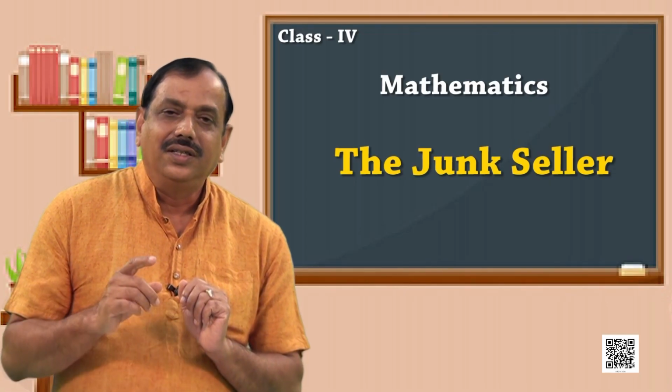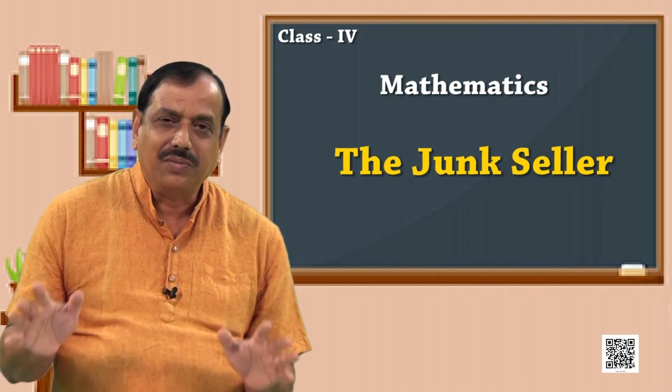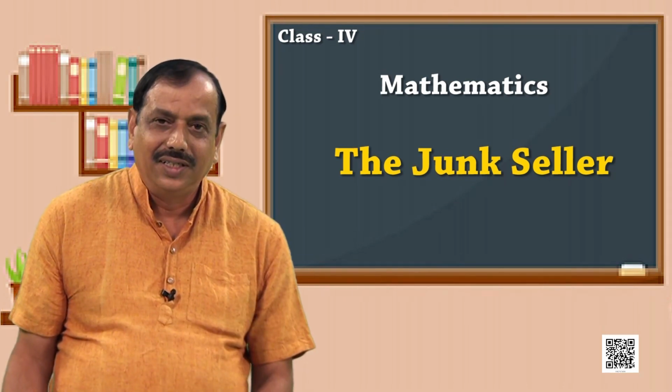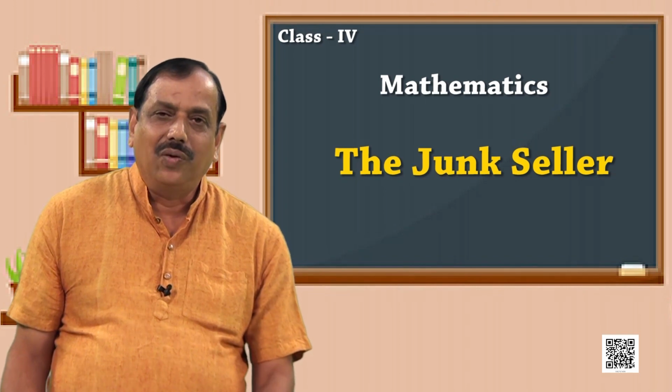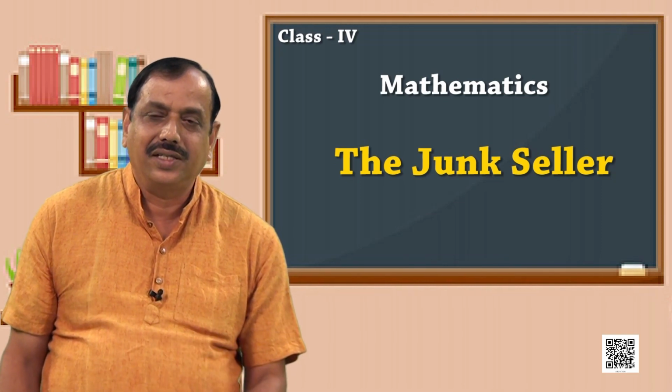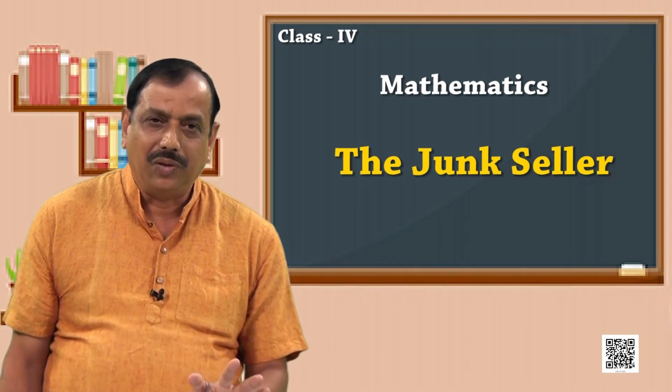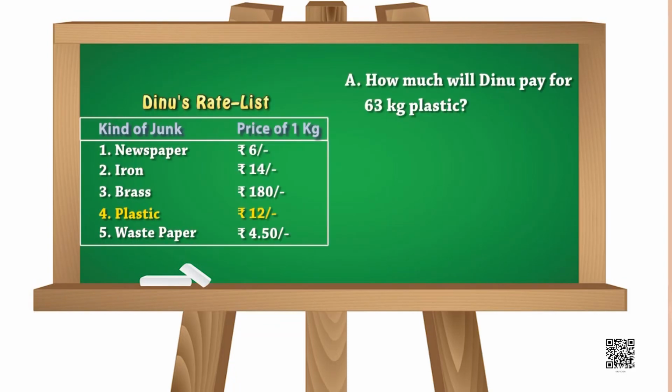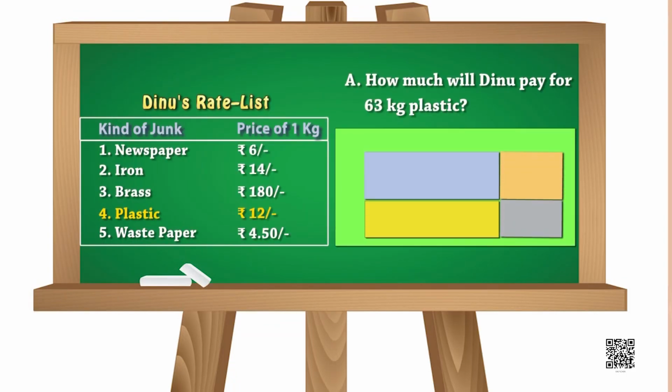How much is he going to pay for 63 kg of plastic? You have learned to compute this using the box method. Use the box method and compute the amount Dinu is going to pay for buying 63 kg of plastic at the rate of 12 rupees. In the box method, 63 kg is split into 60 (tens) and 3 (units) in terms of the quantity, and the rate per kg of plastic, rupees 12, is split into 10 and 2.